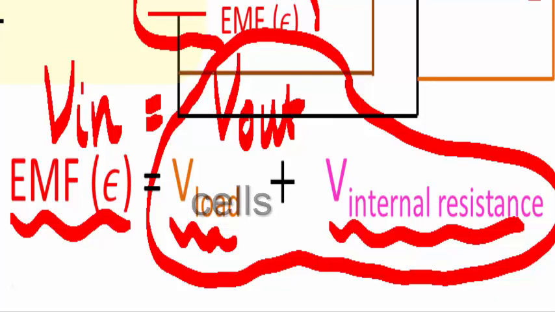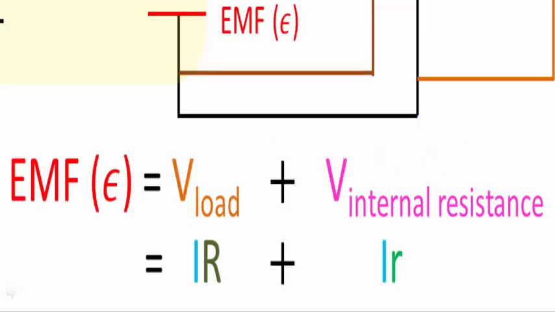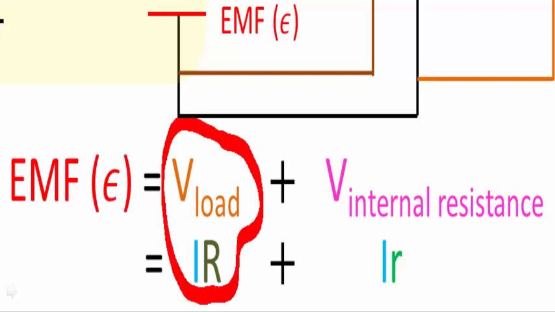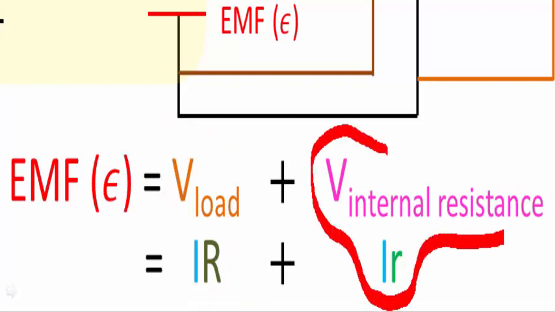And since we can calculate voltage by current strength times resistance, we can rewrite this equation in this form. V load is I capital R. In other words, the current strength flowing through the circuit multiplied by the load, the resistance of the load. And V internal resistance is I small r.